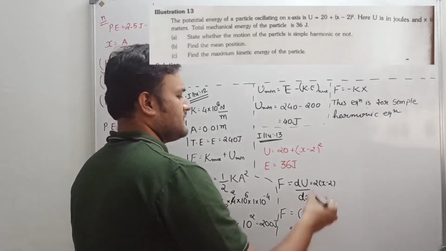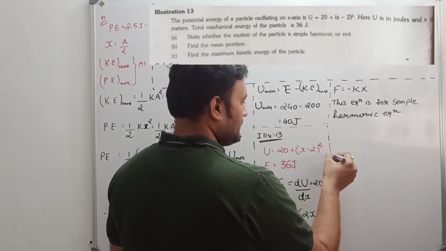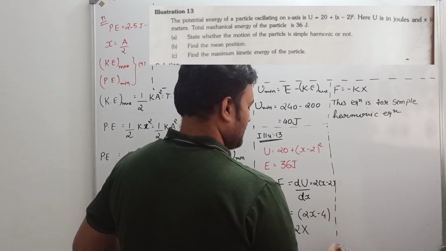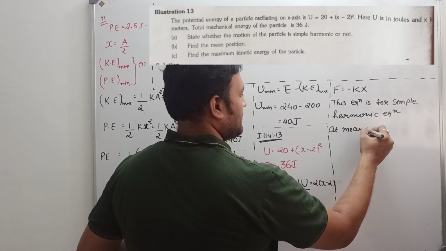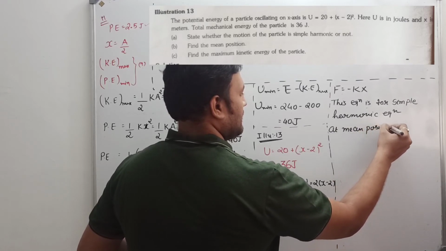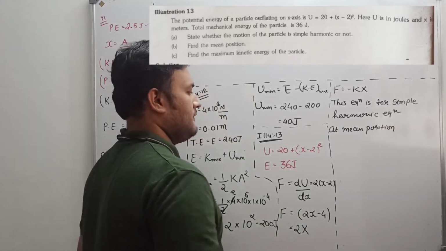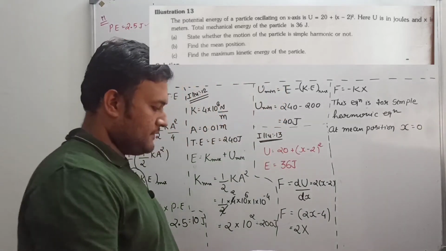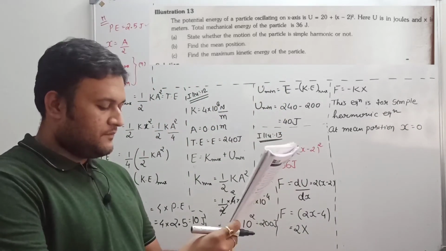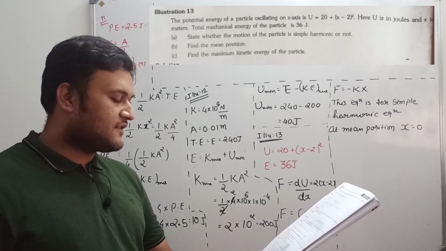Now second, find the mean position. Okay, simple. At mean position x is equal to 0. The mean position of the particle, this one x is equal to 0.